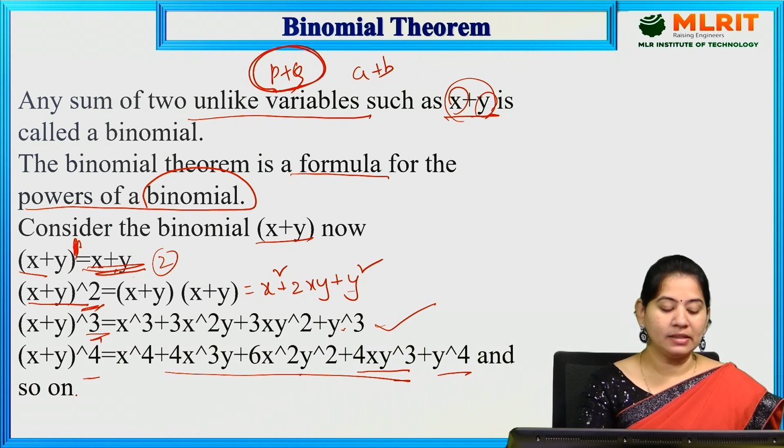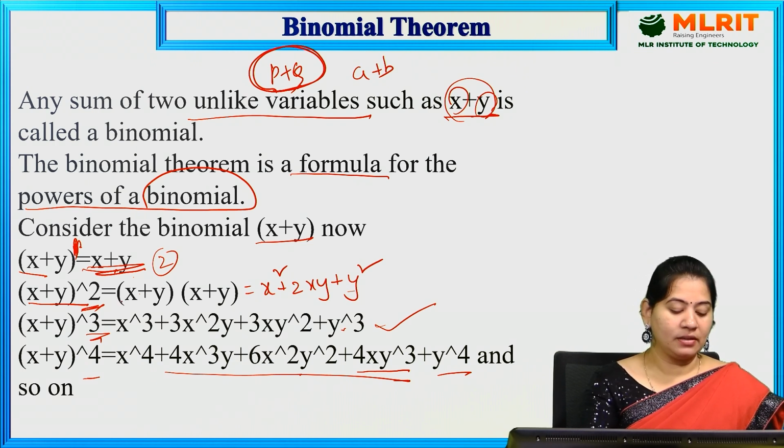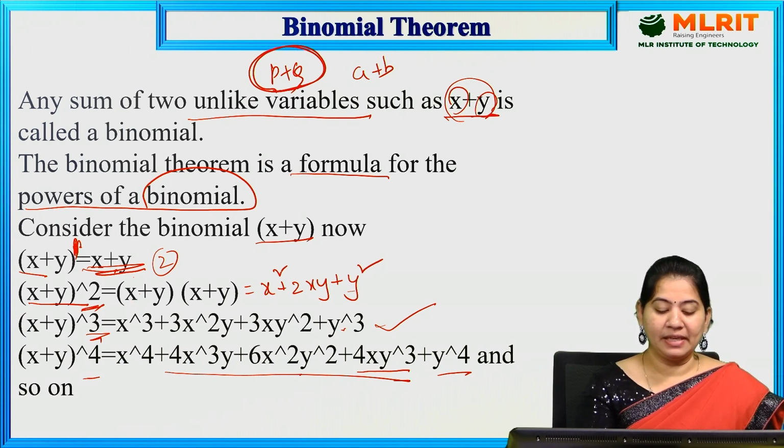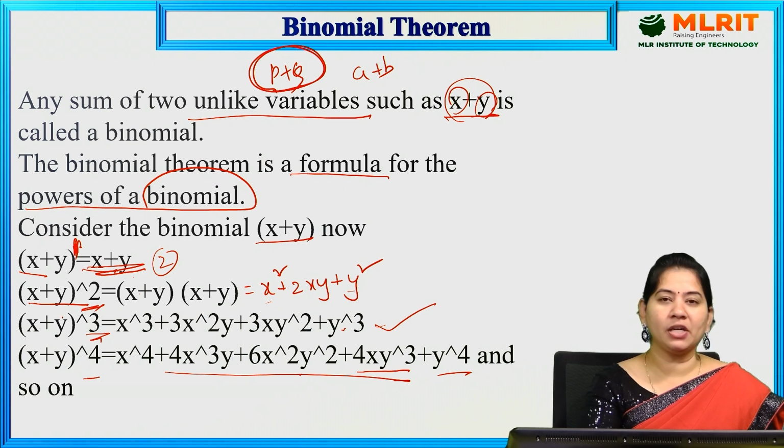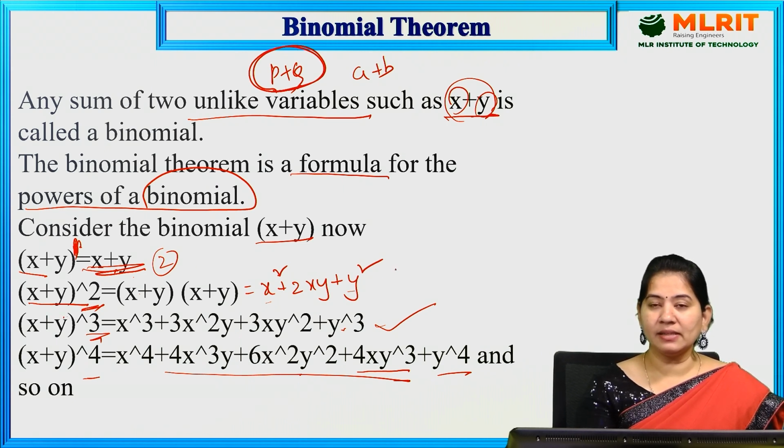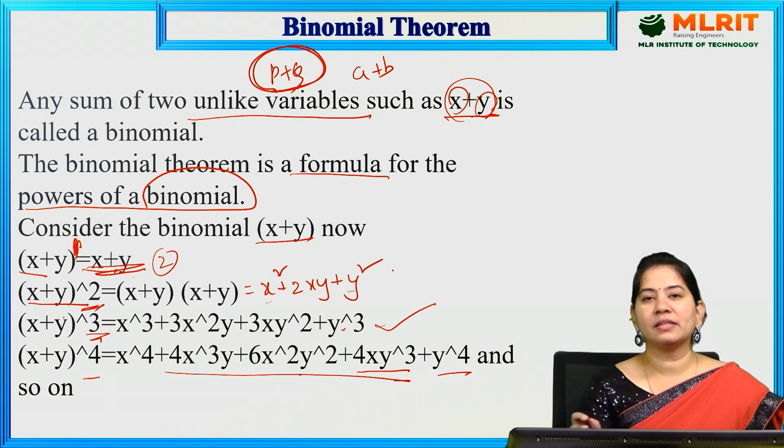Not only this, if you observe the expansion of x, the power of x in the right hand side is always equal to the binomial power, and it decreases by 1 in the next terms.